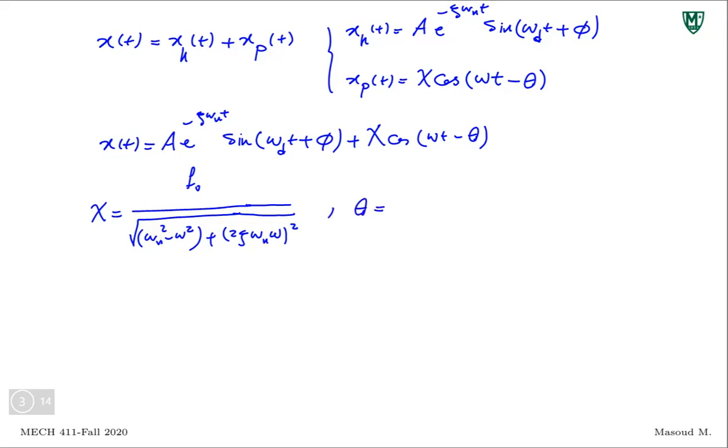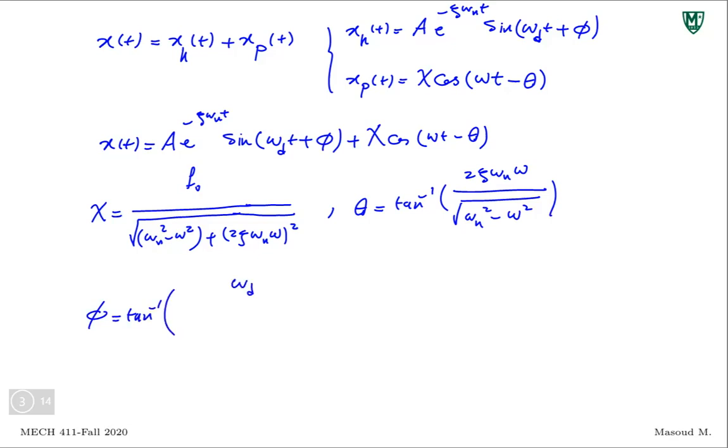Theta would be, well, tan inverse of 2 zeta omega n omega divided by omega n squared minus omega squared. That would be theta. A and phi, well, phi would be tan inverse. Be ready, this is long.